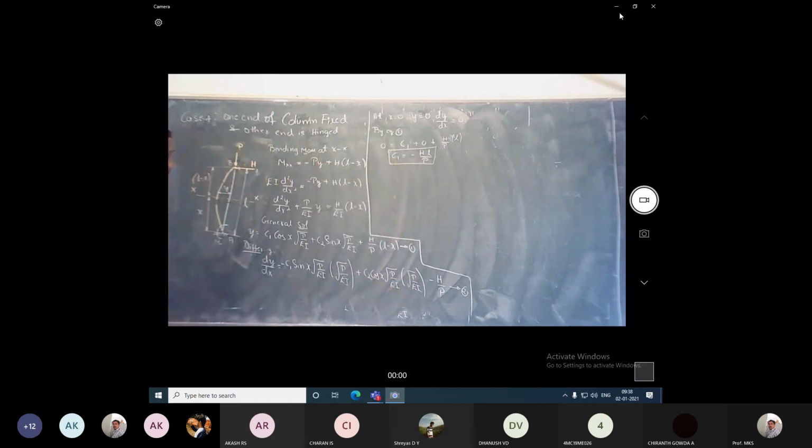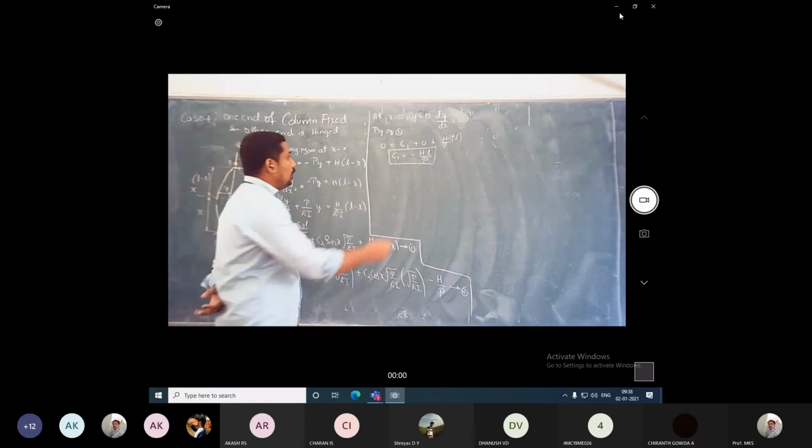Next, apply the second boundary condition to equation 2. That is, dy/dx is equal to 0 at x equal to 0.